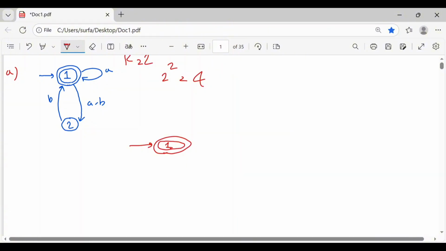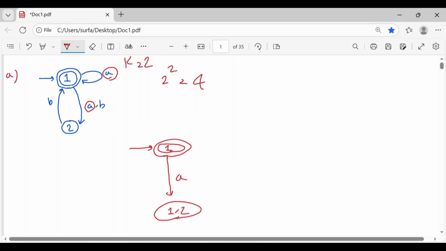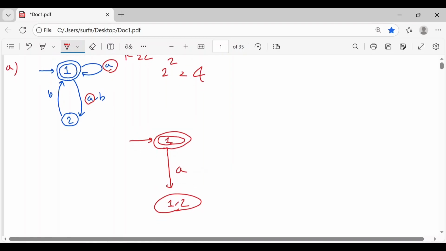If we see an A here, we have 2 options. We can stay in 1 or go to the next state, that is 2. So here we have a transition like this: if we see an A, we have to go to this state that contains 1 and 2 together. After that, we are in {1,2}.